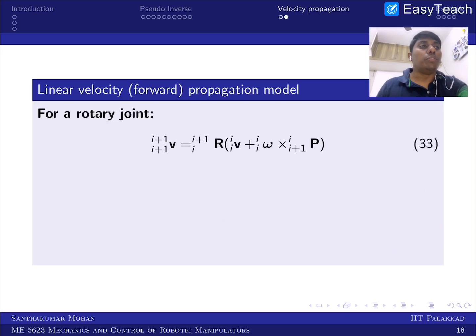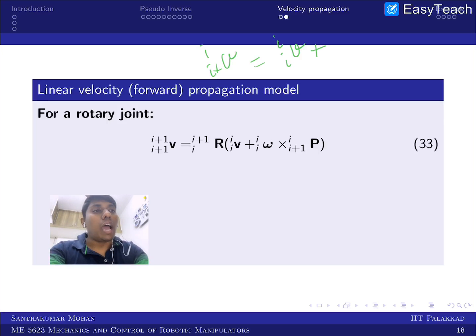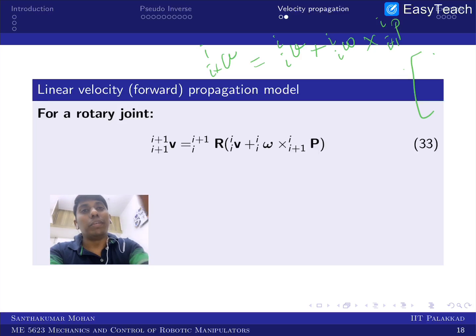So when you go to the linear velocity, V I plus 1 to I would simply be the linear velocity of the previous frame. Then one step further, you have the previous angular velocity multiplied with the position of I plus 1 with respect to I. In addition, if it is a prismatic joint, the rotational information is known, this is I to I plus 1, and you have 0, 0, d I plus 1.